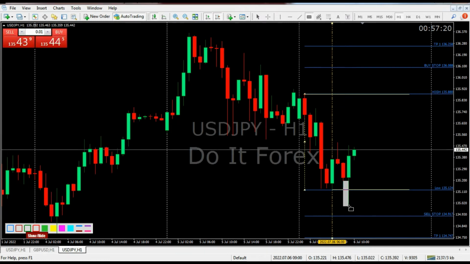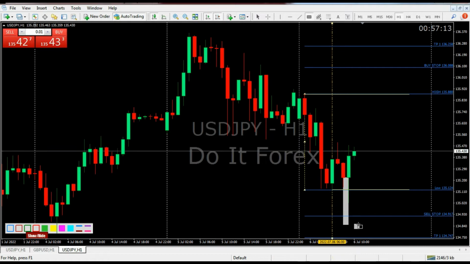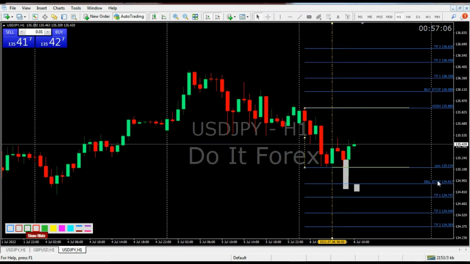If the candle closes here and breaks out of this line, then rejects, we enter sell, or we just place a sell stop, and we take 20 pips, or 13 pips on the 15 minutes, or on the 1 hour we take 40 to 60 pips.